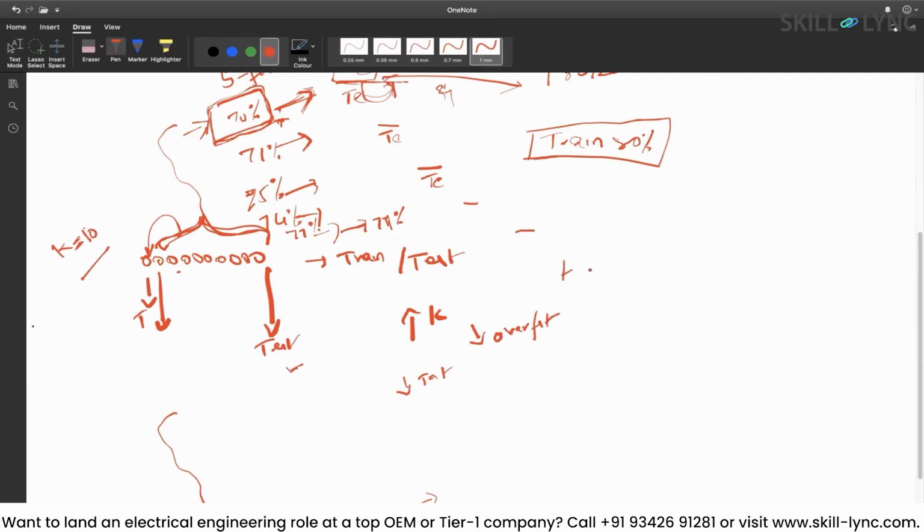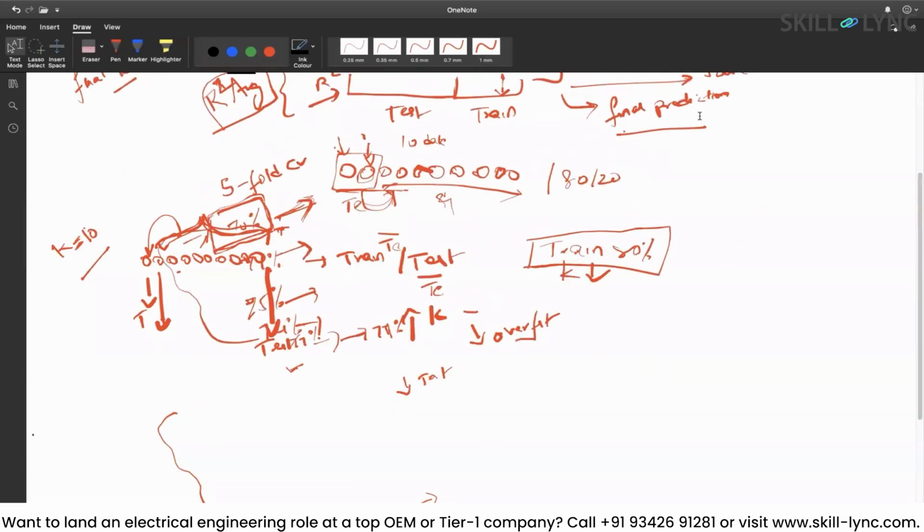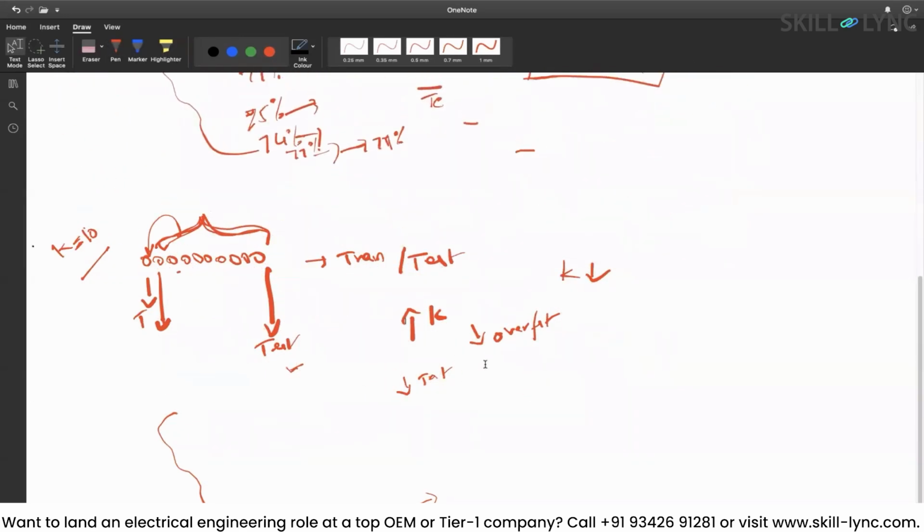Now, can k be very small? You have already noticed what happens when k is very small. With 10 data points, if k is equal to 2, you have noticed that test and train will have exactly 50-50%. Right? So is it the right thing to do?